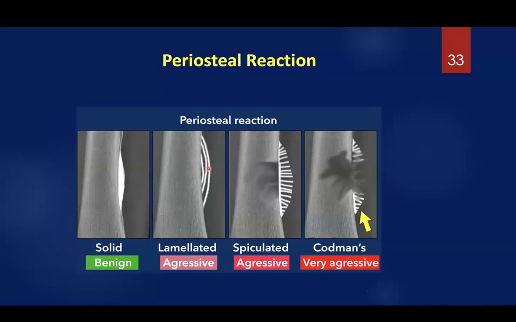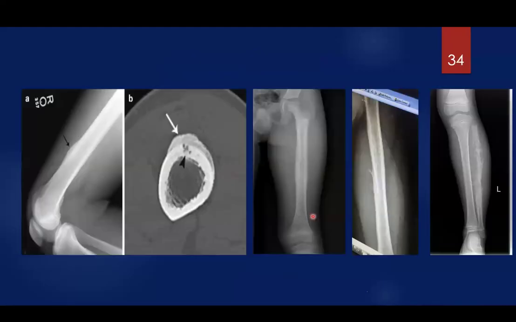While laminated typically occurs in Ewing sarcoma, and spiculated is an aggressive periosteal reaction, and the most aggressive is the Codman triangle. So looking at this, this is an osteoid osteoma with buttressing periosteal reaction.